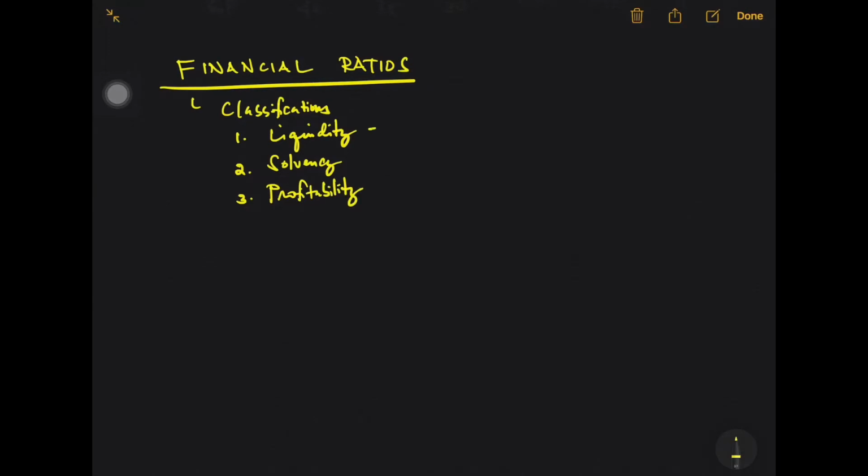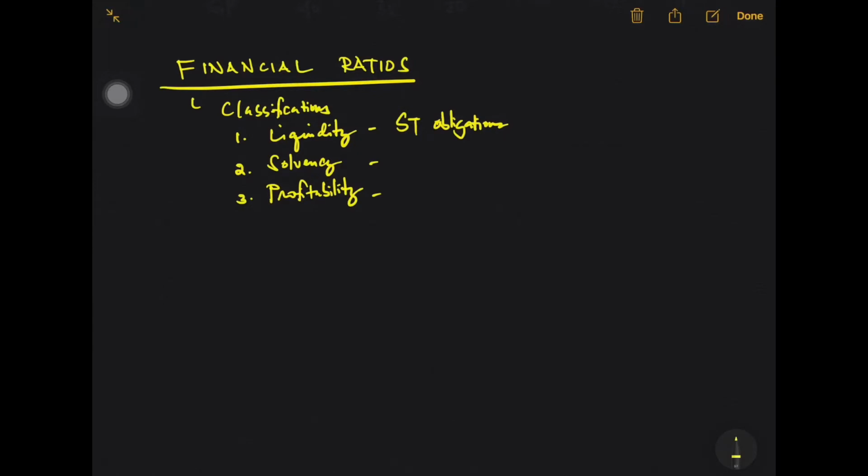So just to explain these three briefly, when we say liquidity ratios, you are trying to determine the capability of the company to settle short-term obligations. If you want to learn more about the short-term obligations of the company, you may want to refer to the company's liquidity ratios.